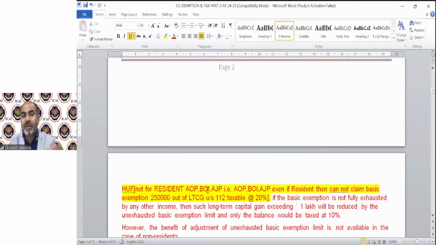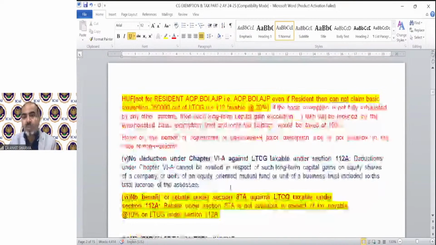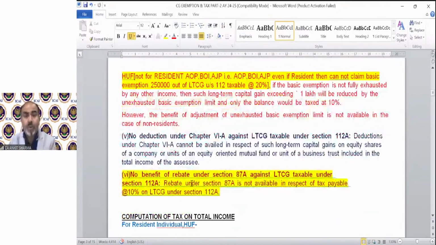Not even a resident AOP, BOI, AJP can claim. Even if resident, they cannot claim the basic exemption of 2,50,000 out of the capital gain which is taxable under section 112 at the rate of 20%. No deduction is allowed. No benefit of rebate for 112A.